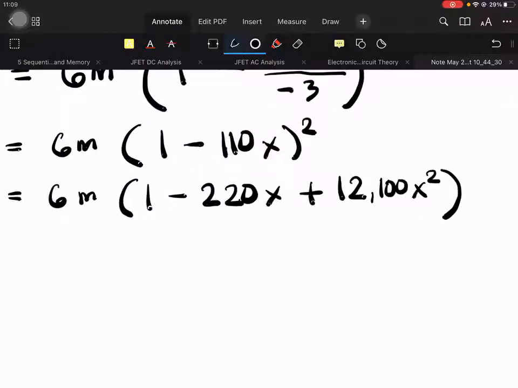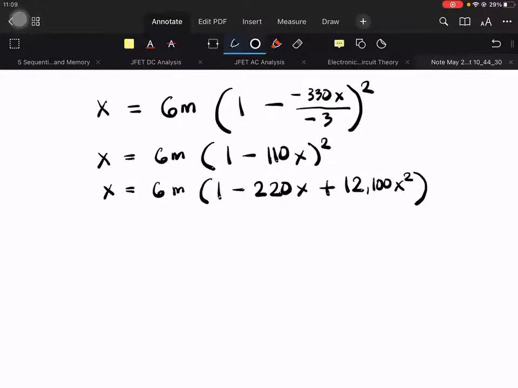Okay. Distribute the 6 milli, 0.006. 0.006 times 220 is 1.32. 0.006 times 12,100 is 72.6.